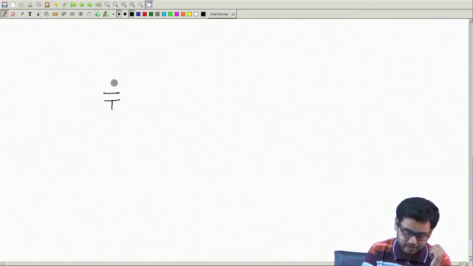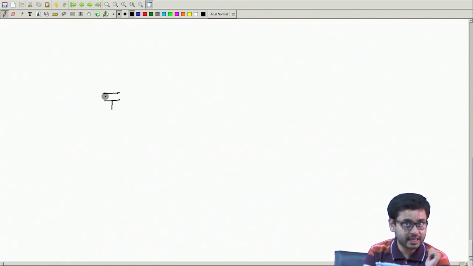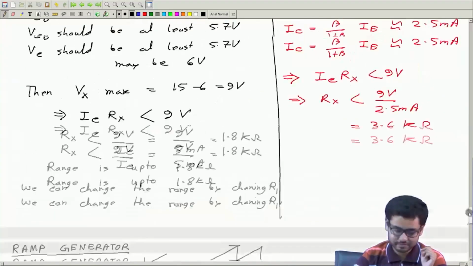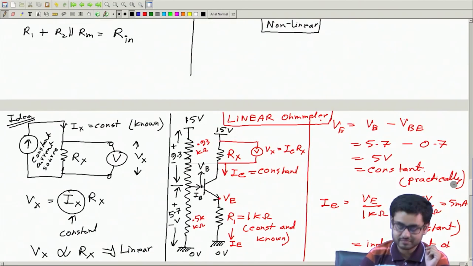And we need a current source. Now, how can we realize a current source? We did it when we studied the linear ohm meter. So this is a constant current source.